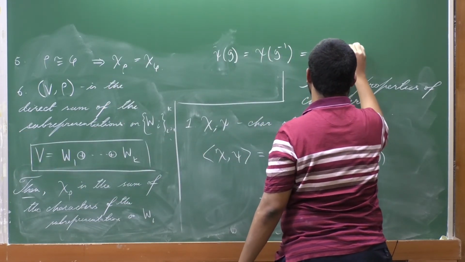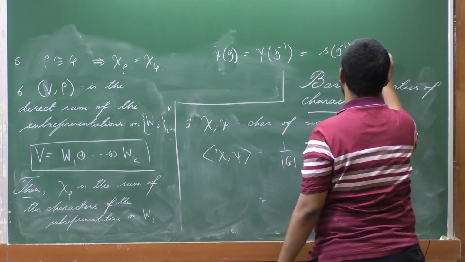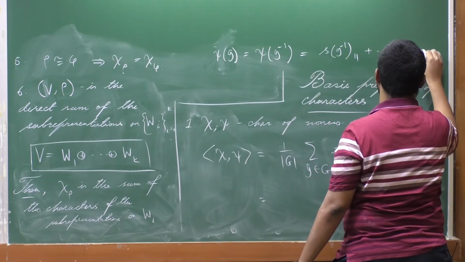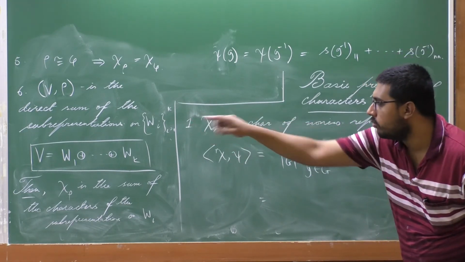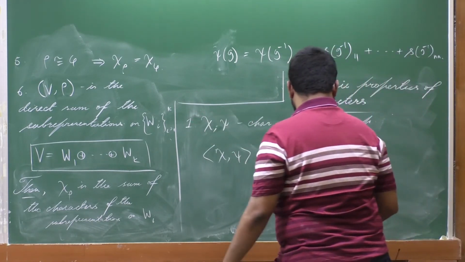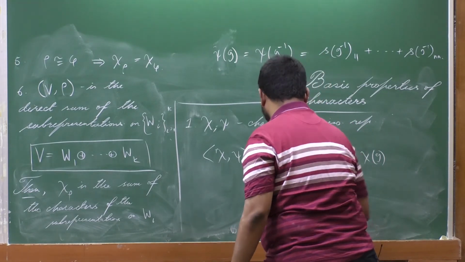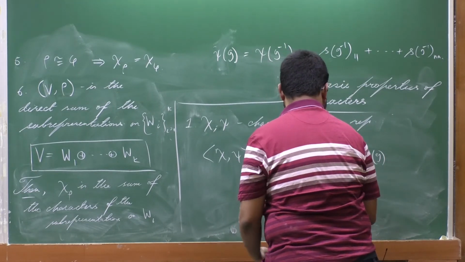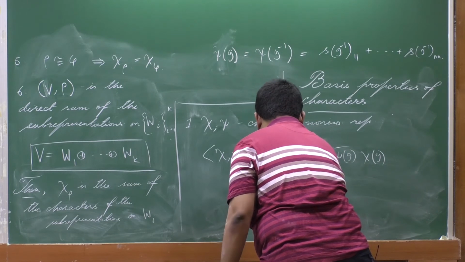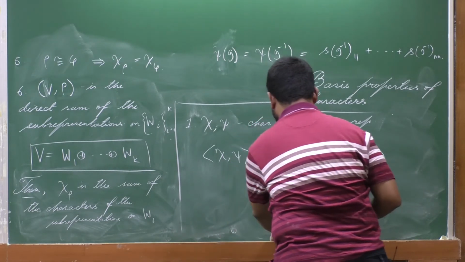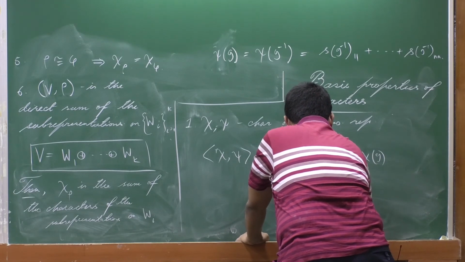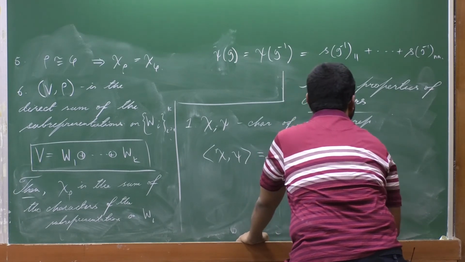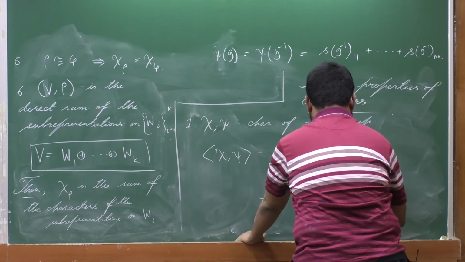So S g inverse 1 1 up to S g inverse n n, if we borrow the usual earlier notation. So therefore from that you can immediately see the following, that 1 by order of G, in fact I should write it S g inverse 1 1.